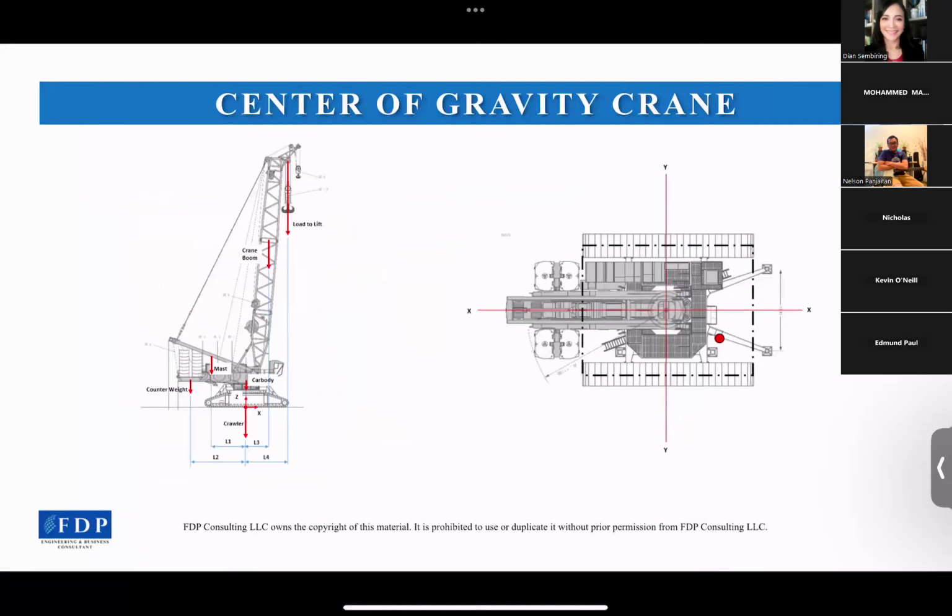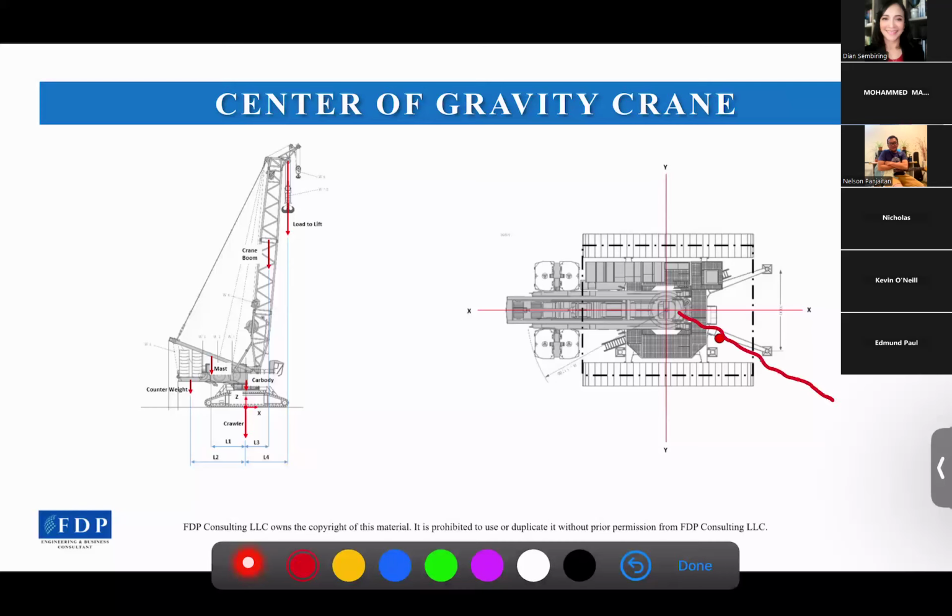So when there is a slewing of the boom this way, for example, the COG will be moved to the same line as the boom direction. It can be here, here.